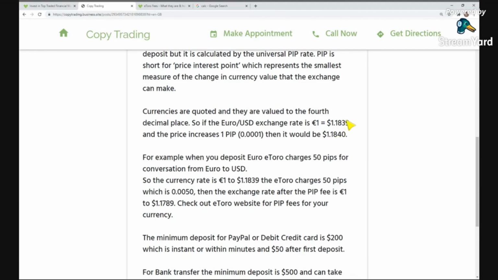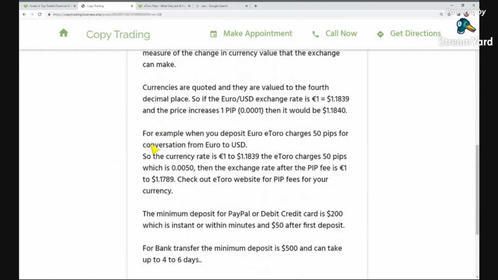So it increased by 1 pip, which is the 4th decimal place there. Okay, so I'm going to give you an example here. This will make it easier, and then I'm going to go on to depositing funds into eToro. I just want to make sure everyone understands this part first.